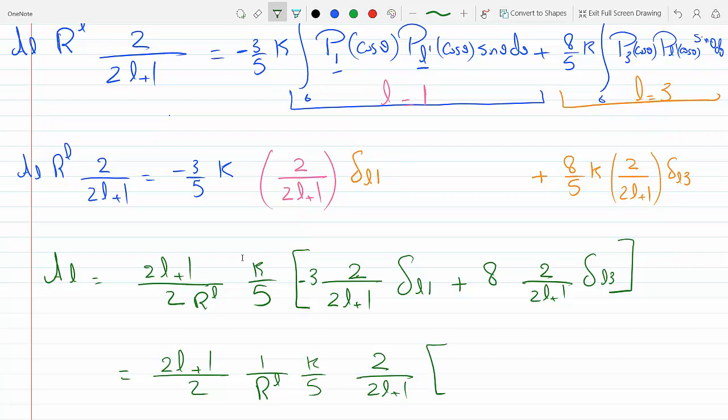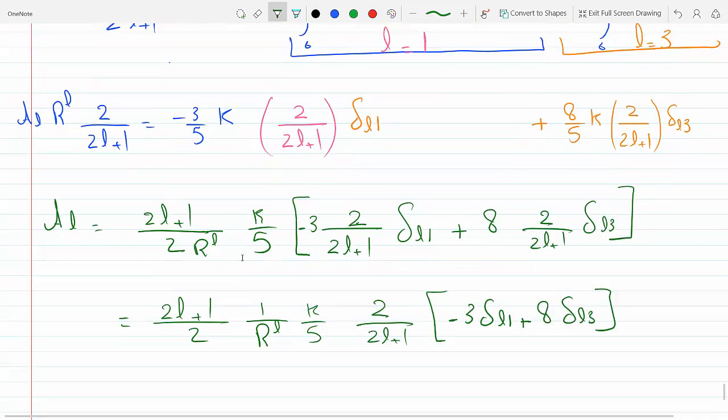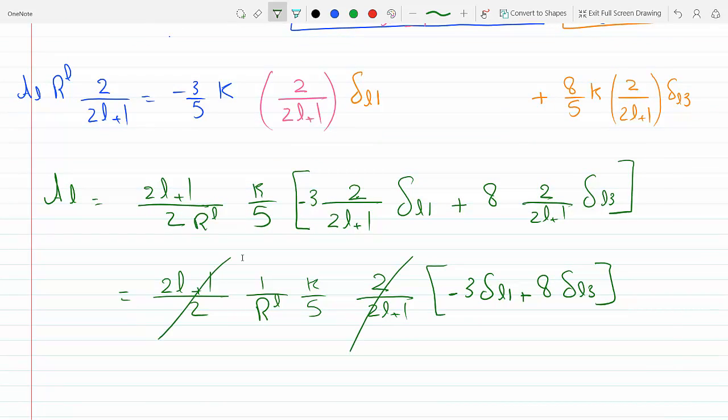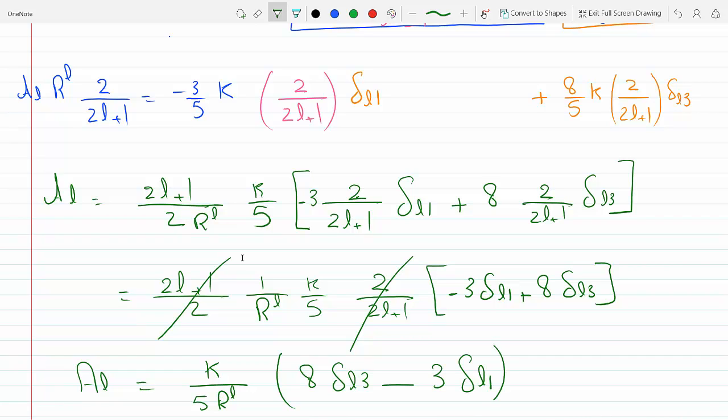And then I have left minus 3 delta L1 plus 8 delta L3. Okay, now notice these two guys go away. And what do I have? I have left k over 5R to the L. This is for AL. I'm solving for my AL. Right? Let me flip those terms so I have the minus in the middle. So 8 delta L3 minus 3 delta L1.